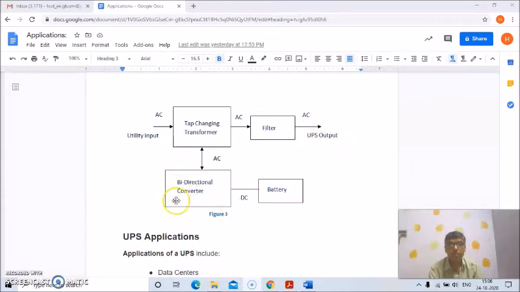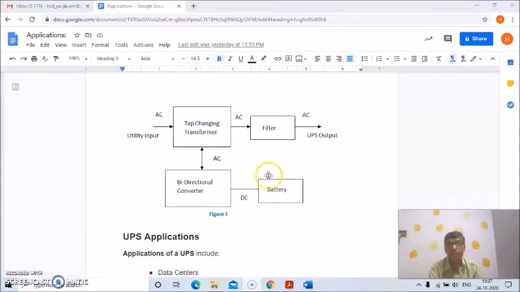This is actually a bidirectional converter. Bidirectional means that when it is used as a rectifier, AC will be converted into DC and stored in the battery.